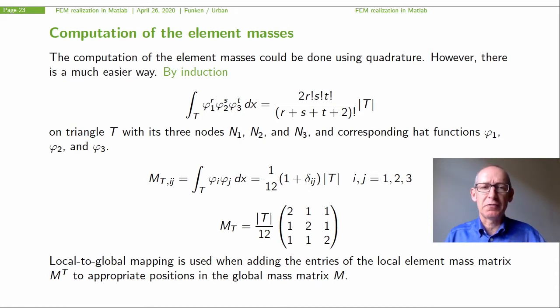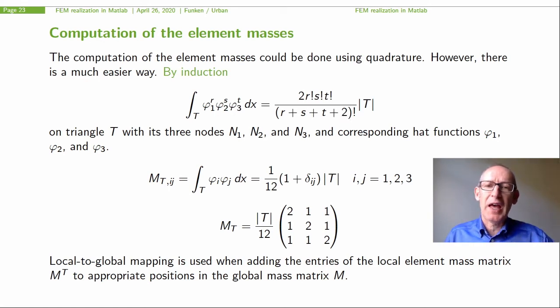Therefore, we will use the analytic formula where we have our 3 hat functions belonging to our triangle to integer powers r, s, and t. By induction, you can derive the following solution, which is just 2 times r factorial, s factorial, t factorial, divided by the factorial of r plus s plus t plus 2, times the area of T. If you generalize this formula to a simplex in arbitrary n dimension, then you will see that this 2 will behave like the dimension, and also this 2 here will behave like the dimension.